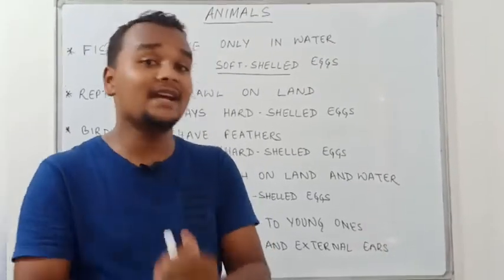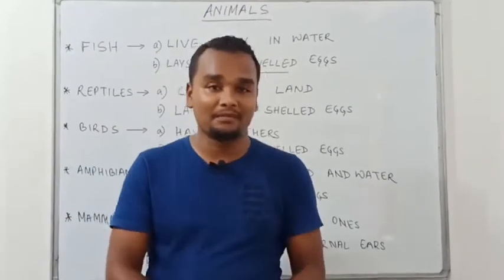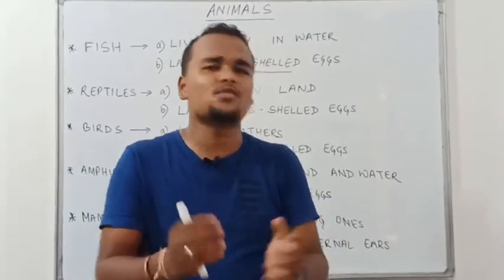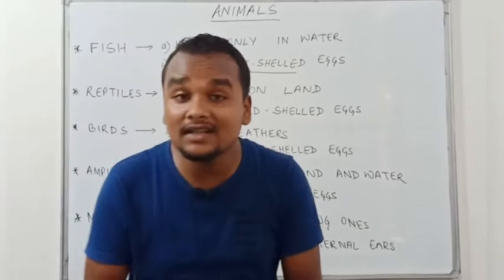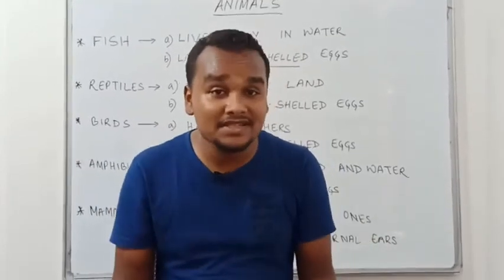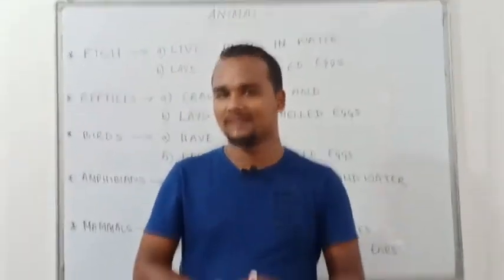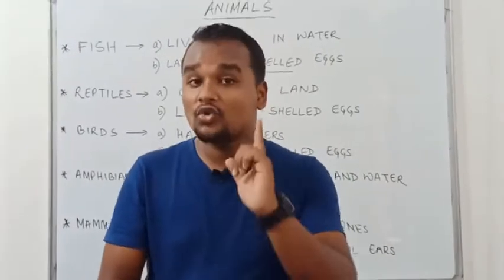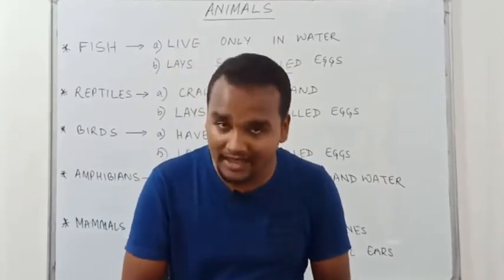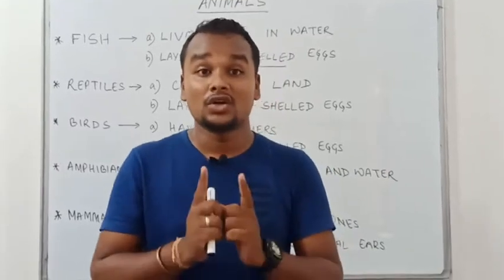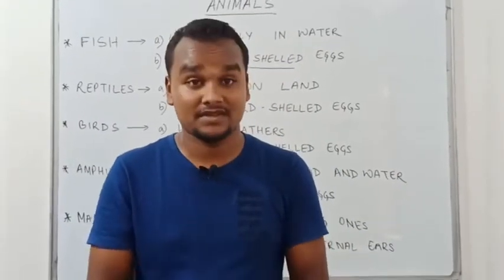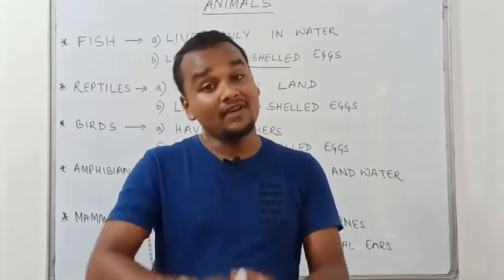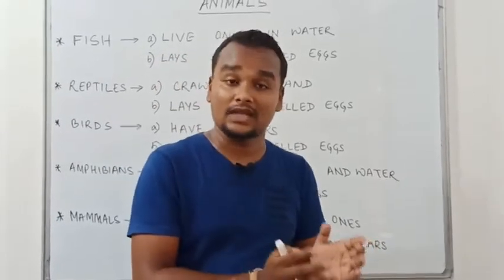Now I have said that the whale is an example of a mammal. Now where does this whale live? It lives in water. It looks like a fish. Then why is it a mammal? Remember that matching one or two characteristics is not enough for the whale to be a fish. Fish have different characteristics.